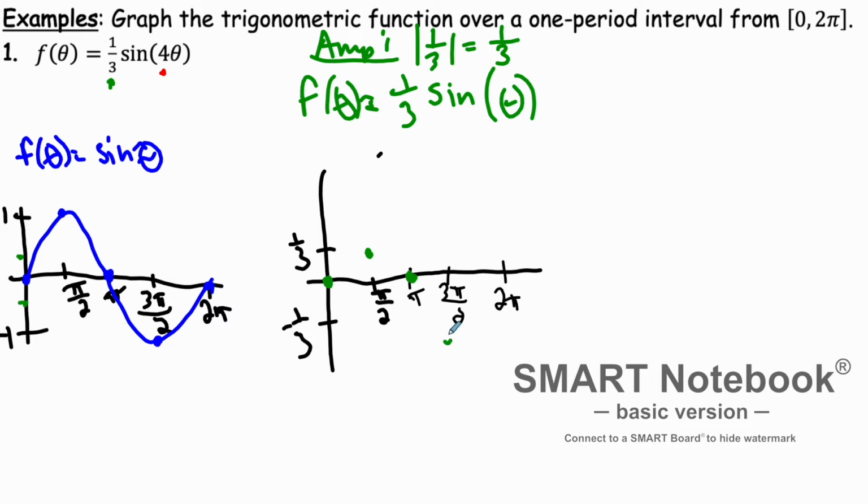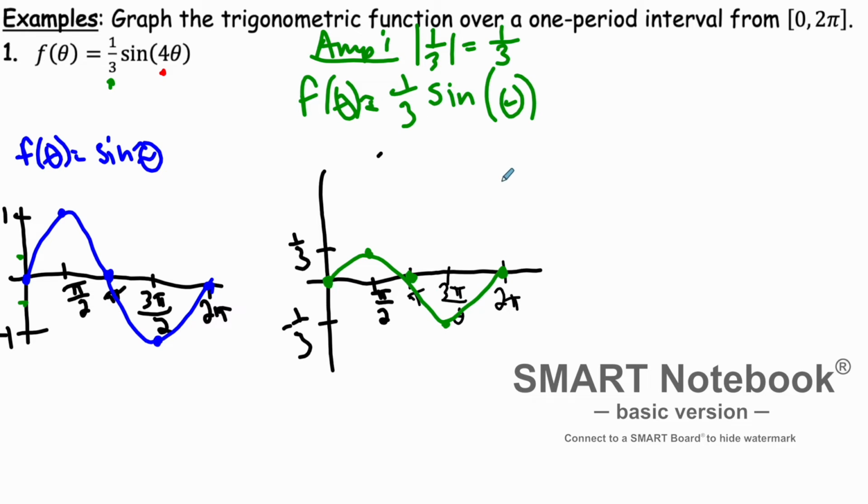Well, that's -1/3. I'm going to back that up because that's a little bit lower than I want it to be. About there, we go. And the last one at 2 pi was at 0. So 0 times 1/3 is 0. So there we go. And again, this will be a shorter graph. It's going to be a little bit smaller.